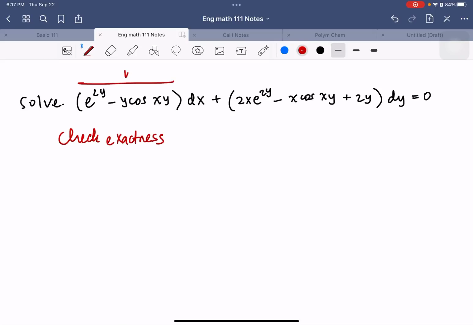Let's say this is M, this is N. And then you can try to take this and check the other way around.